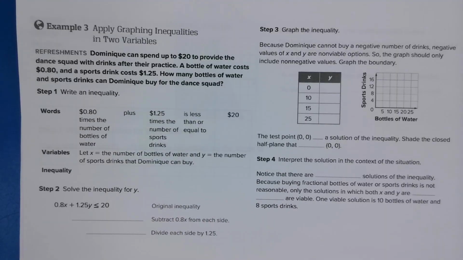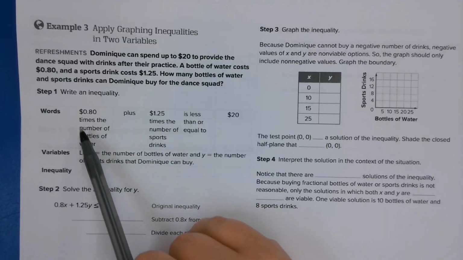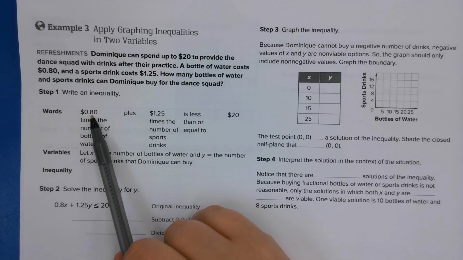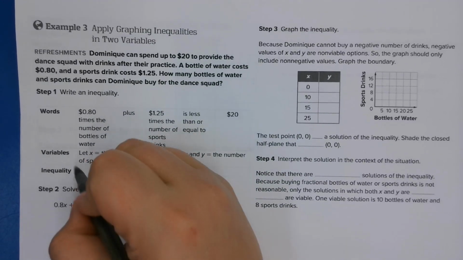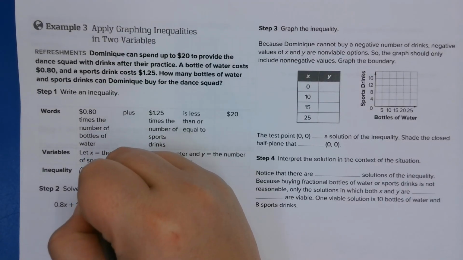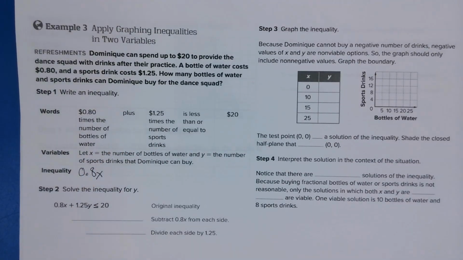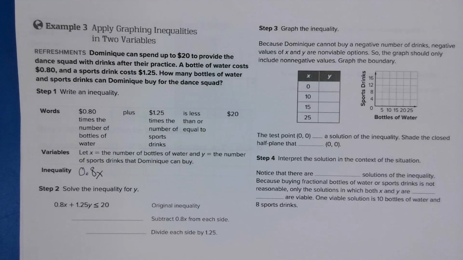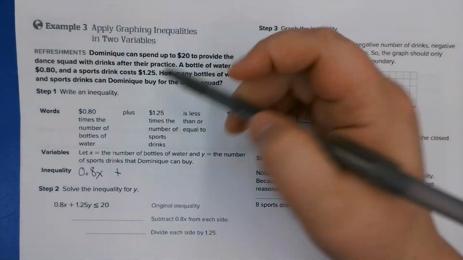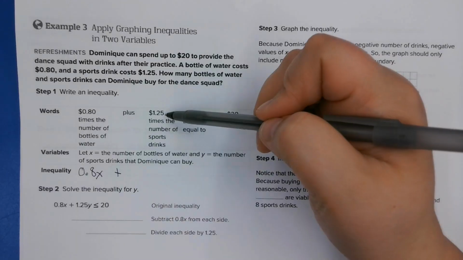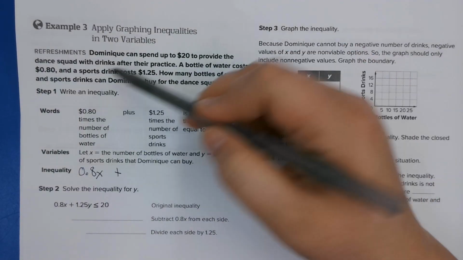So let's first write the inequality. So I've got 80 cents is how much a bottle of water costs, right? But do we know how many bottles of water they're going to buy? No. So I'm going to go 0.8x because I've got to figure out how many of those they're going to buy. They said we're going to add this together. We don't know how many, so plus $1.25 is how much sports drinks cost.